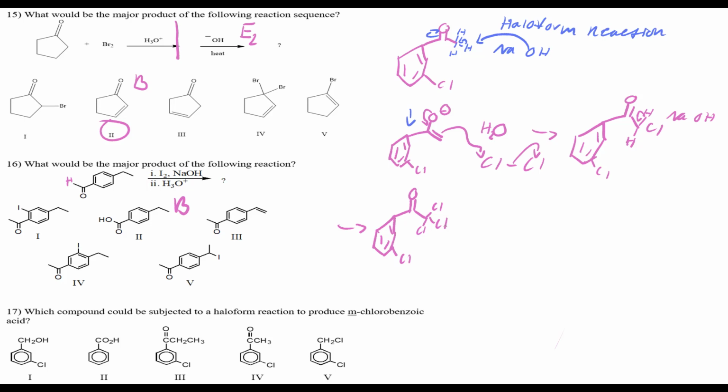Why do we do that? Well, we do that because this is a very, very good leaving group. Now let's say that this carbon leaves, okay? And we treat this with sodium hydroxide. Well, all that happens is that we form a carboxylic acid.